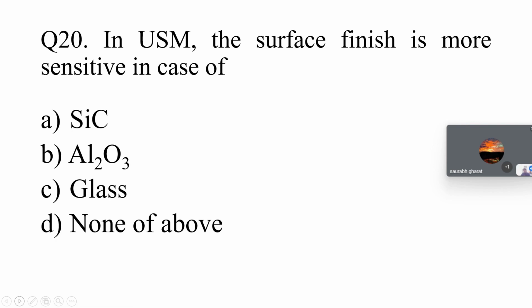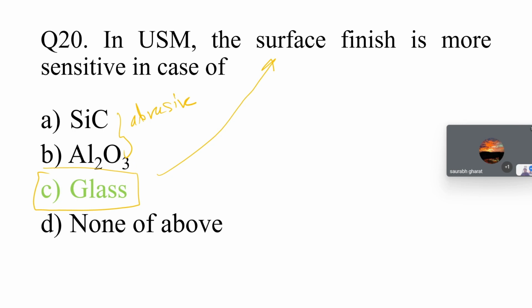It's simply that SiC doesn't matter. Glass matters, because surface finish is sensitive in the case of glass, since it is brittle and problematic. SiC and the others are all abrasives, so these don't matter here, but glass can matter.